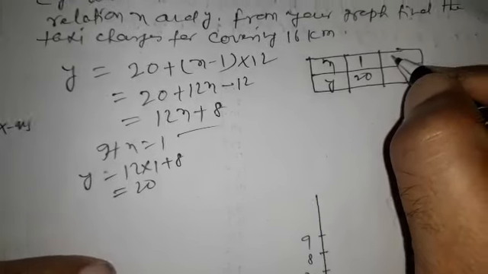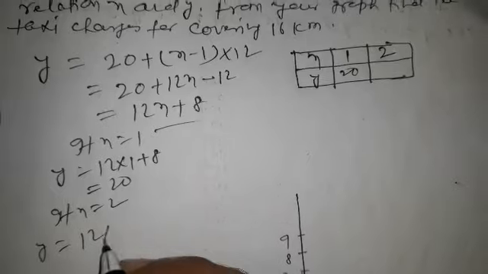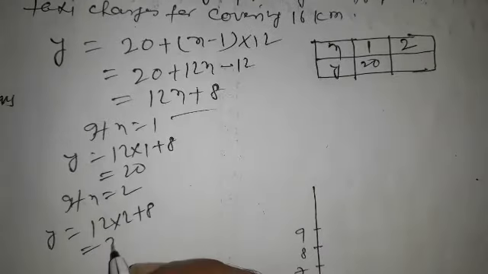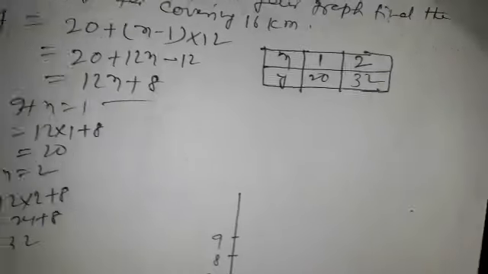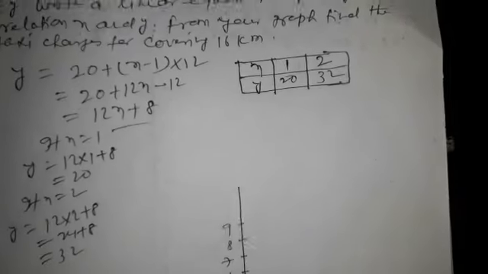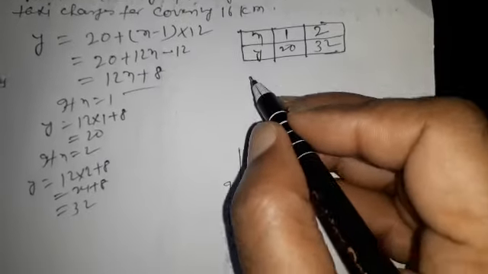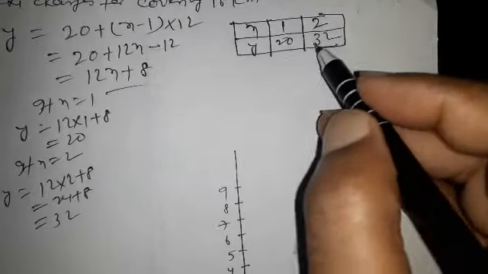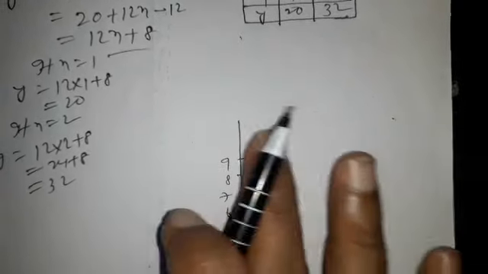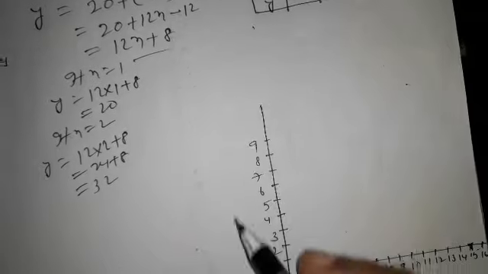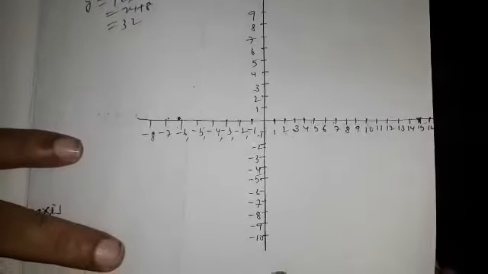If x is 2, then y is equal to 12 into 2 plus 8, 24 plus 8, which means 32. Now draw the graph. You can draw it with the help of graph paper.